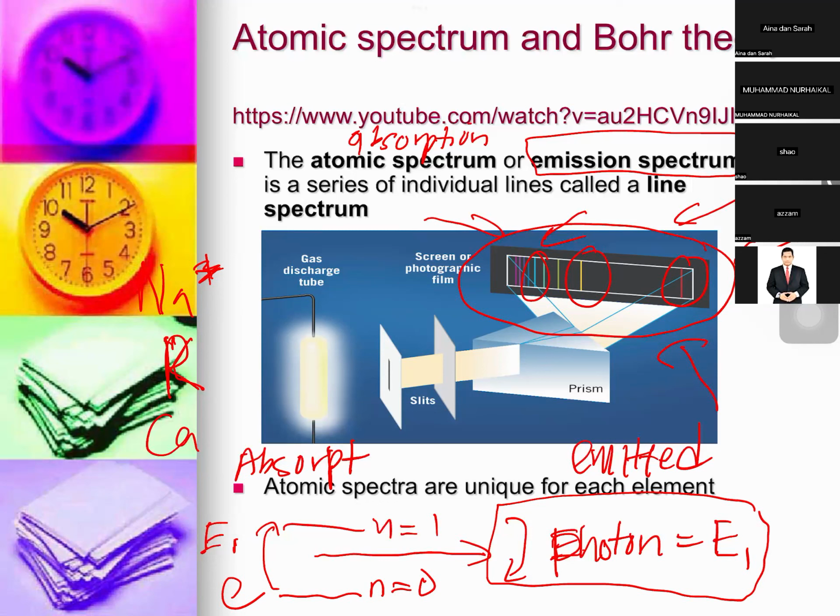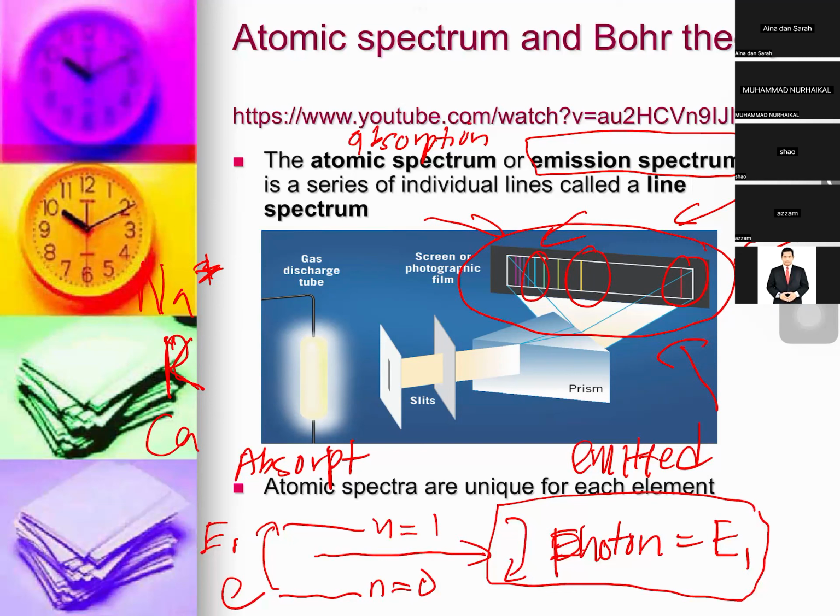Anyone? Aina and Sarah? Why do you have two names? Why is the emission spectrum or the absorption spectrum unique to the element in the periodic table? Hydrogen? No, my question is why?